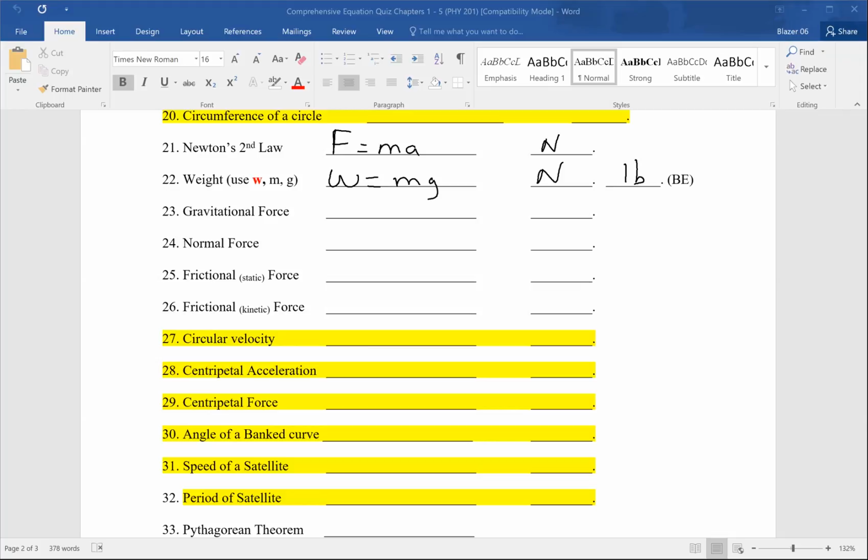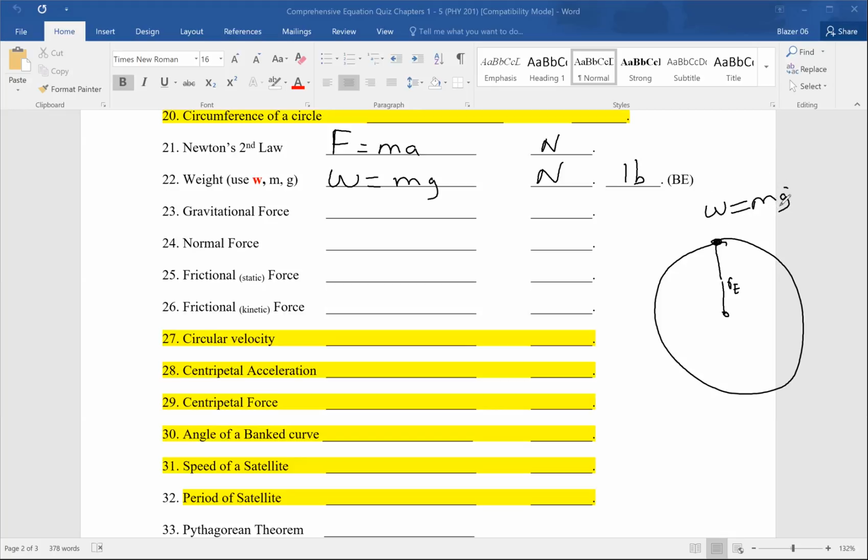So for example, we said that on the Earth, this is the Earth now, and this represents the radius of the Earth. Listen very carefully. This object right here has a weight. Now, if we know the value of g, we just say weight equals mg. But in this problem that we're going to solve, we don't know the value of g on the surface of the moon. So therefore, we cannot solve it so simply.